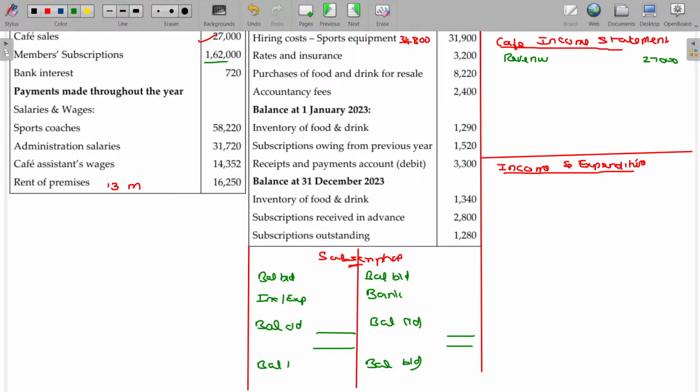Don't forget to write the dates. This will be the year beginning, 1st January 23. Thereafter, all the values are for the year end 31st December 23. This will be the first date of the next period, 1st January 24.